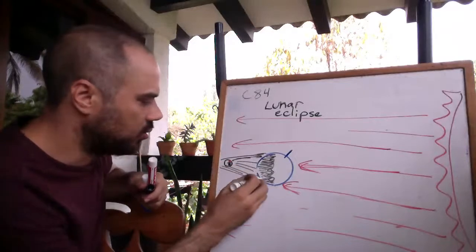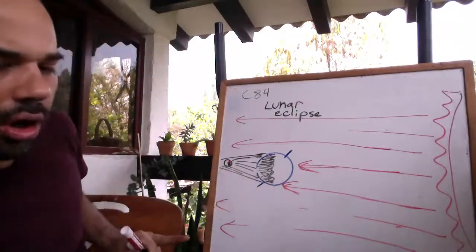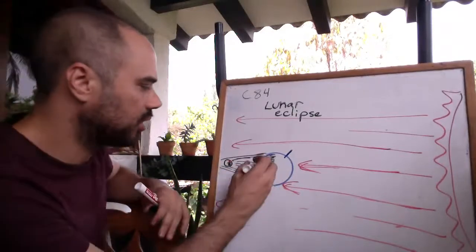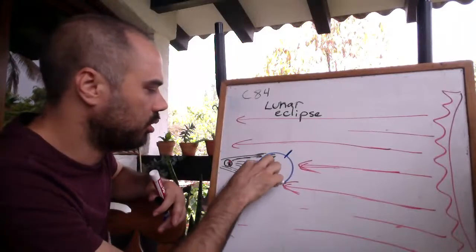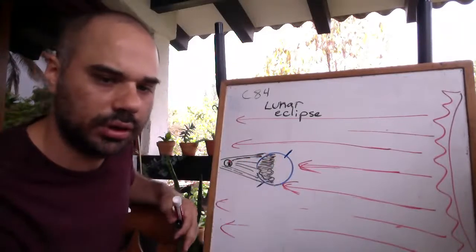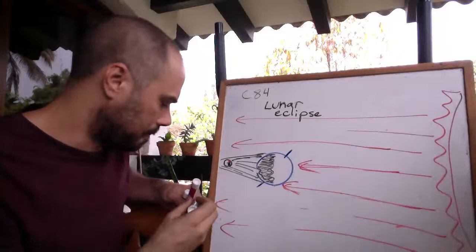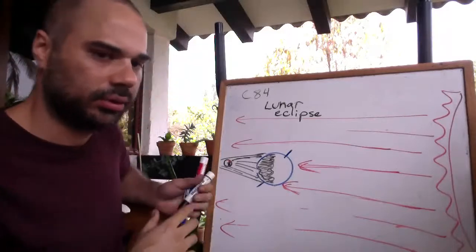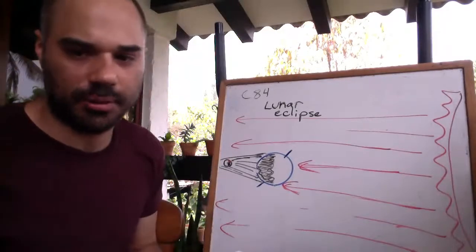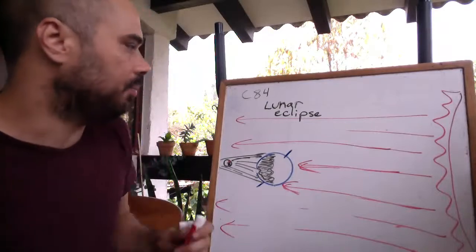So this is a shadow of the earth on the moon. This is a lunar eclipse, and if you are in any part of the world, then you can look at it. Now, let's go to the less common type of eclipse.